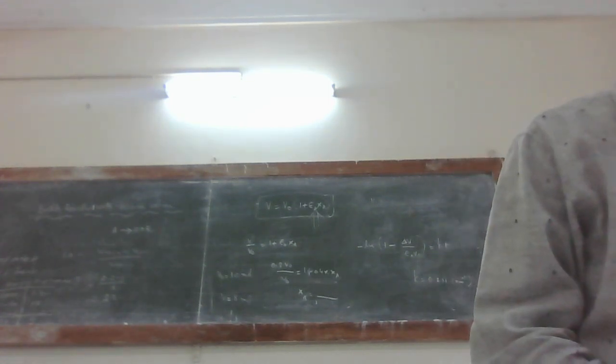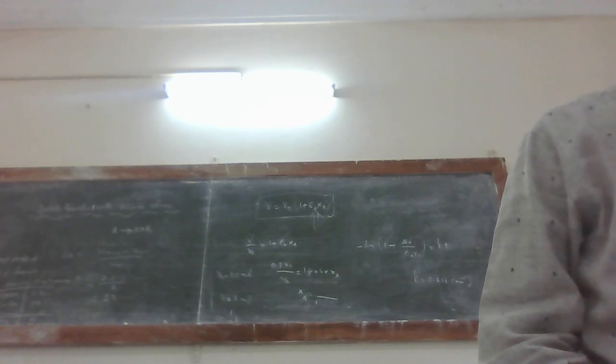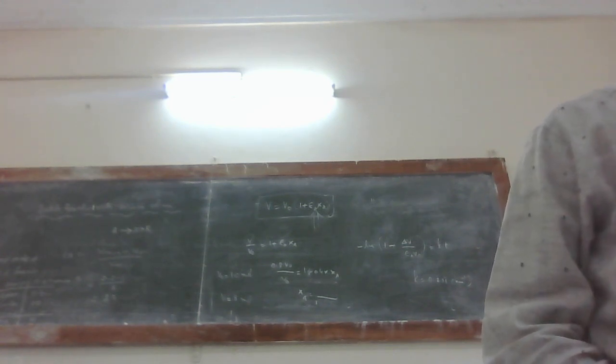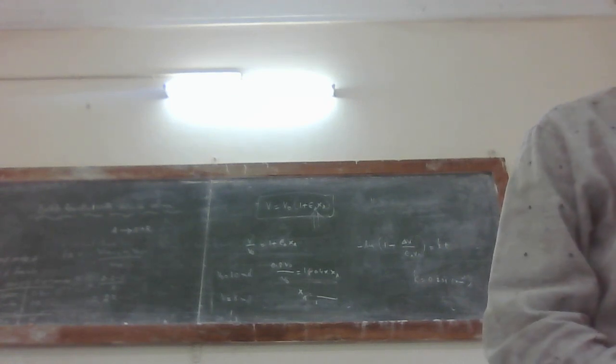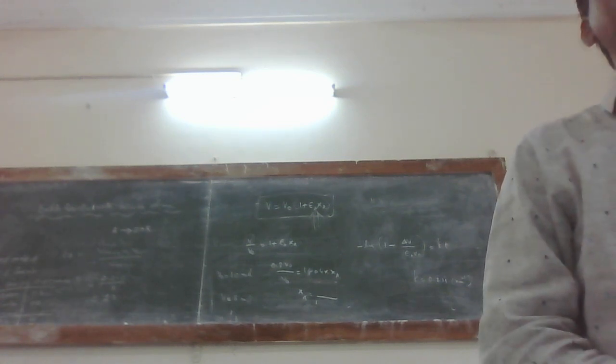Now look at the constant volume case. That means pressure is varying. What is the total pressure given? Total pressure is 8 atmosphere, capital P is 8. And initial pressure is 5.